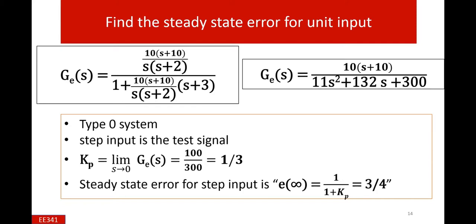The definition of the position constant is given by this one, and directly we apply the definition and find that it is equal to this one. Once the position constant is given, we can find the steady state error. It is equal to 1 over 1 plus Kp, and we finally find that the steady state error is equal to 3 quarter.